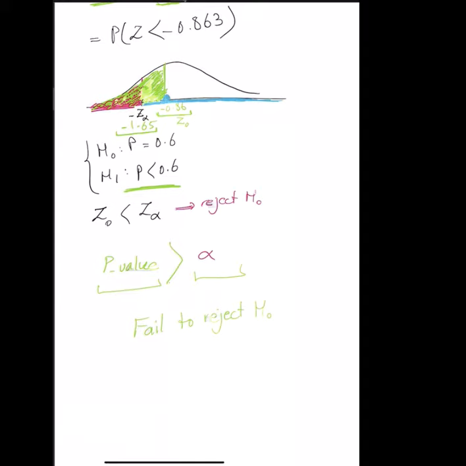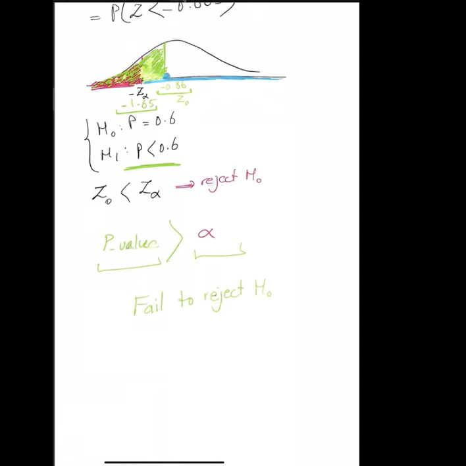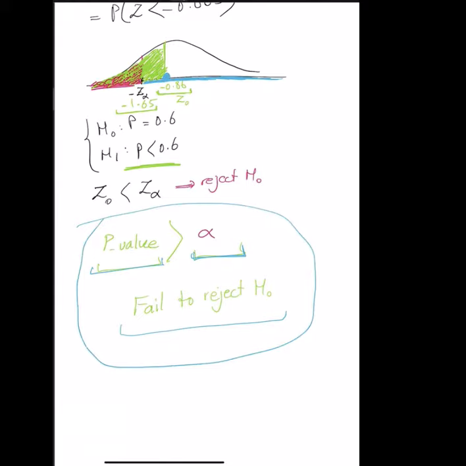So when the p-value, the green shaded area, is greater than the red shaded area, which is our alpha, we fail to reject H null. And this is always the case, no matter what type of test you are running, is it one-sided, two-sided, one-sided upper bound, one-sided lower bound? This rule always holds. When p-value is greater than alpha, we fail to reject.